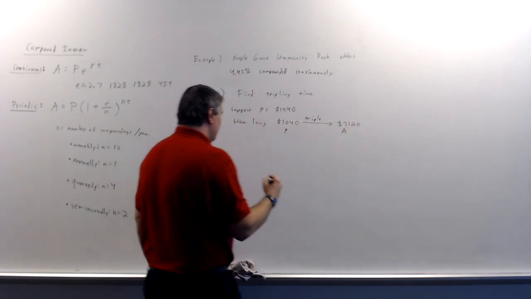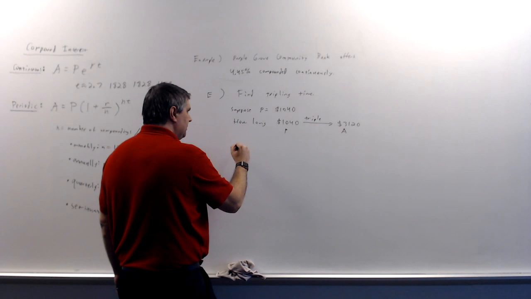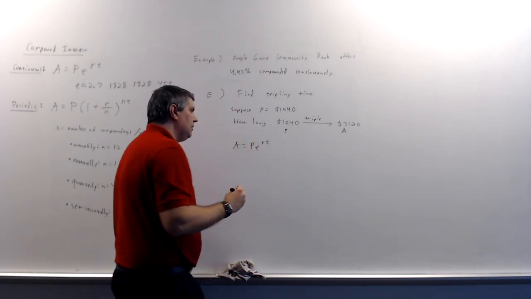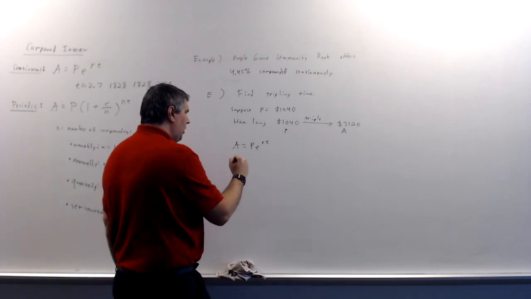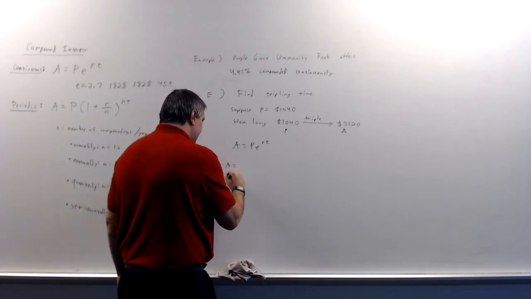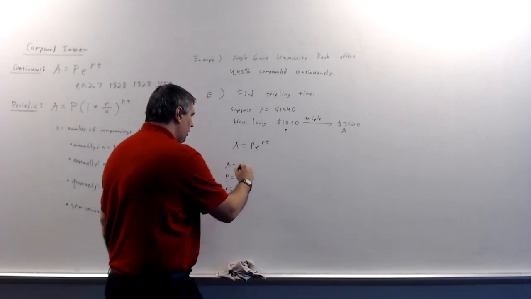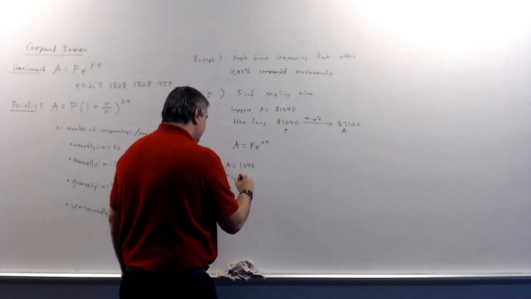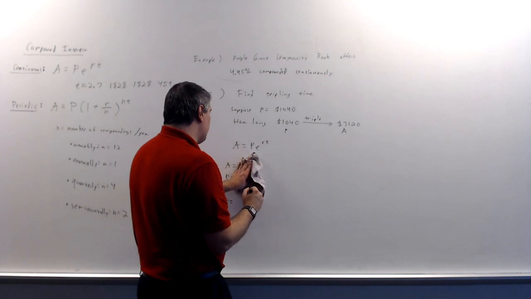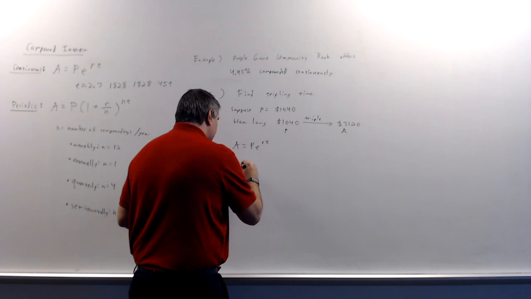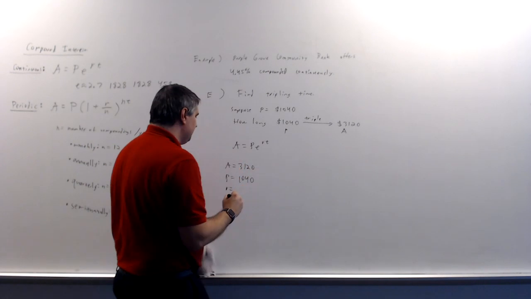So, if A equals Pe to the rt power, I want to know A equals, P equals, R equals, T equals. So A is 3120, we're starting with P equal to 1,040, and we're tripling it to 3120.